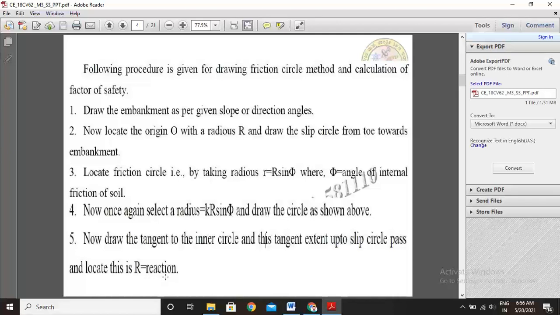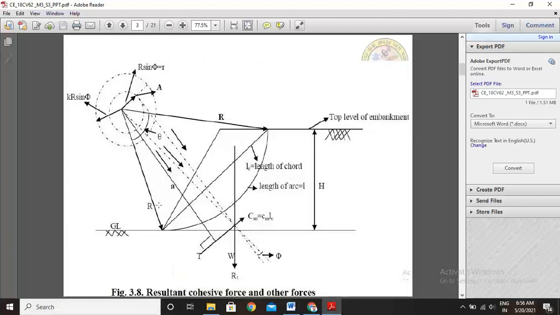From this point, locate the self weight of the embankment W at the center, and from this line draw at 90 degrees. Now draw these lines.